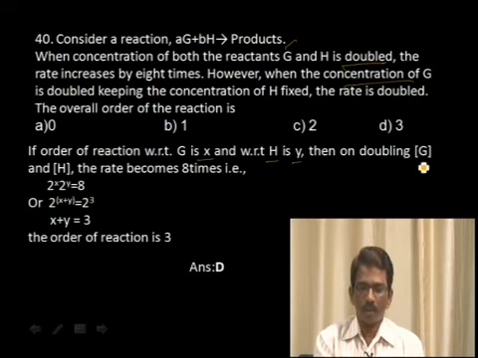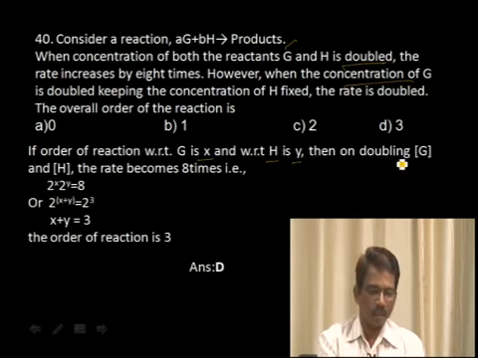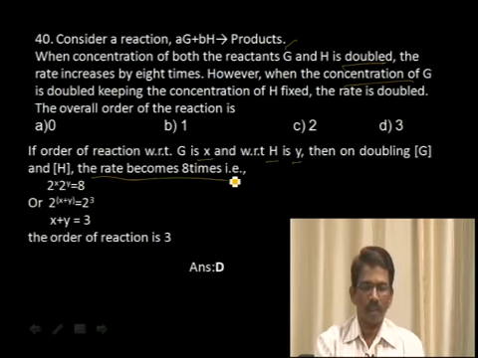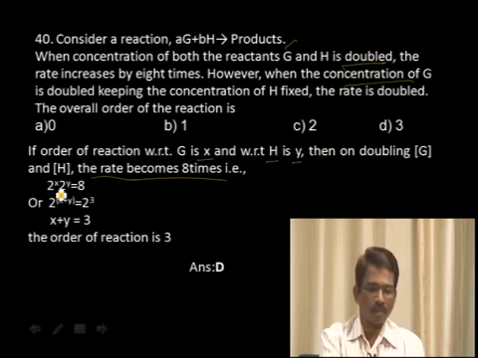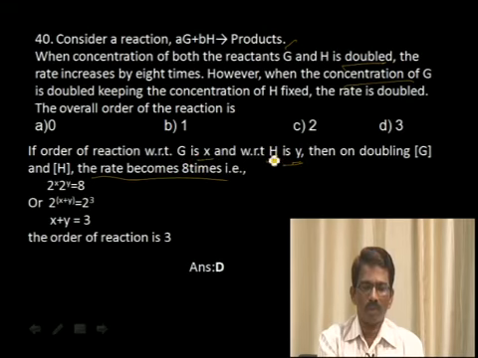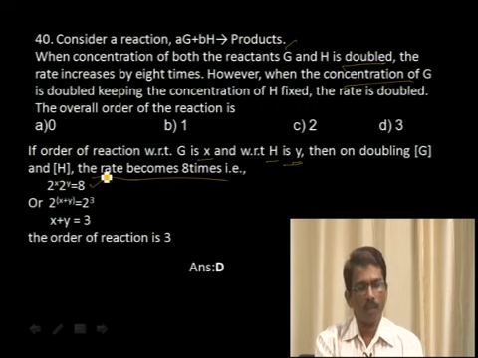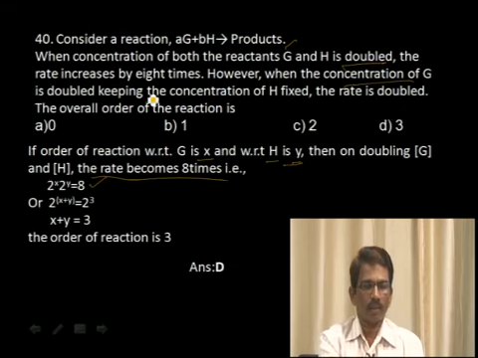on doubling the concentration of G and H, they say the rate becomes 8 times. Definitely when you double the concentration of G and H, it is 2 to the power x, because the order with respect to G is x, into 2 to the power y, the order with respect to H is y. So since you are doubling the concentration of both G and H simultaneously, 2 to the power x into 2 to the power y will be equal to 8, because the rate of reaction is increasing 8 times.